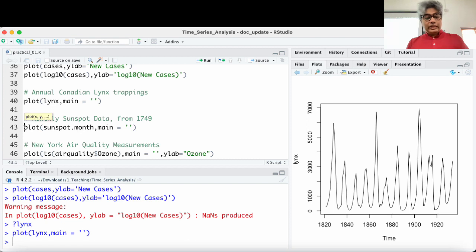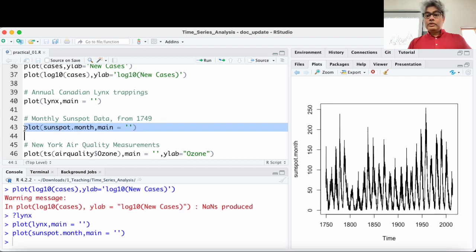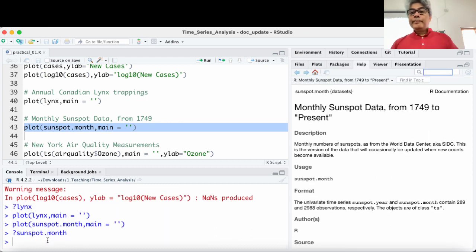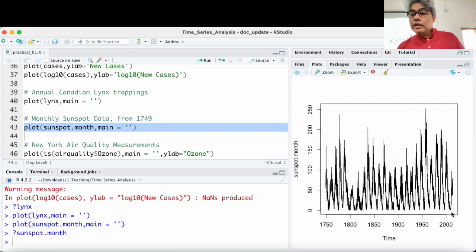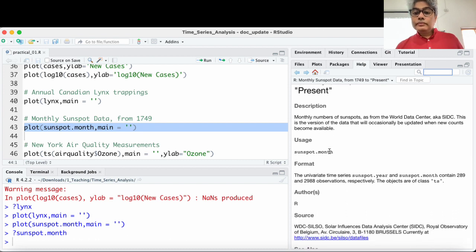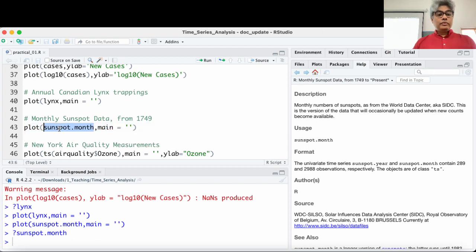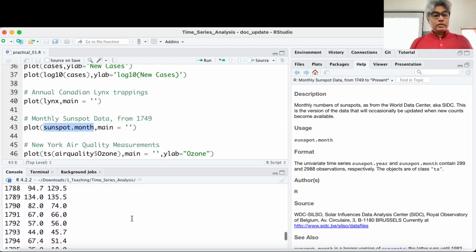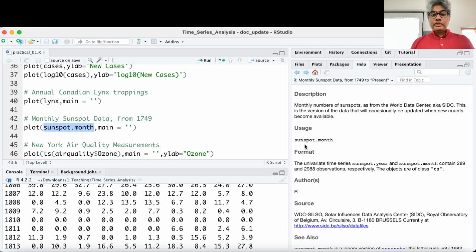Then monthly sunspot. So this is the monthly sunspot data. Sunspot data from 1749 till date, actually saying that till 2000 it is there. Now if you run this, you can see this.